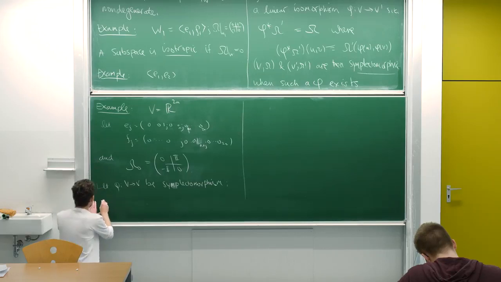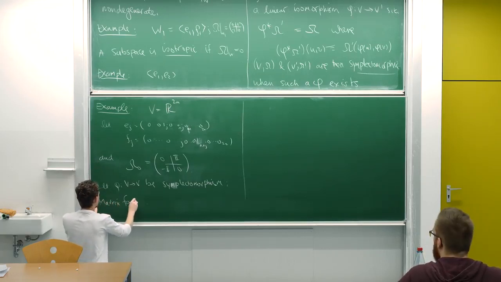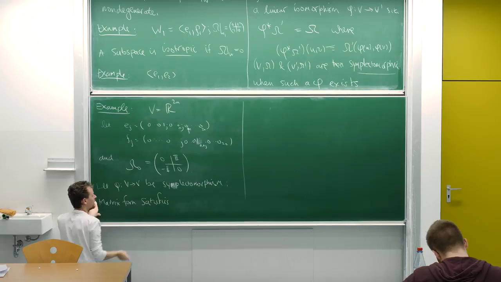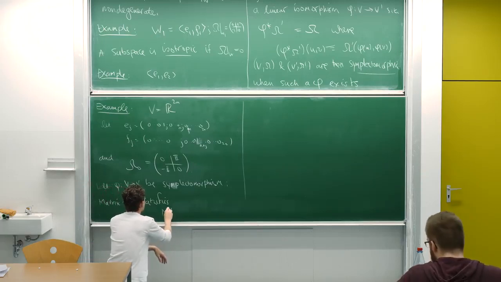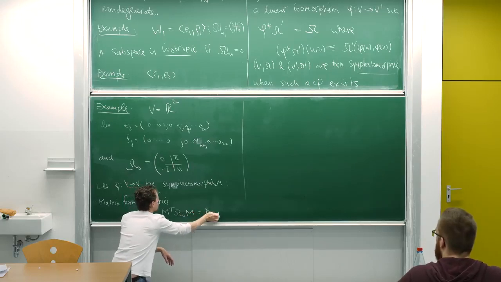Then it's worth proving that the matrix form of phi satisfies M transpose omega naught M equals omega naught.